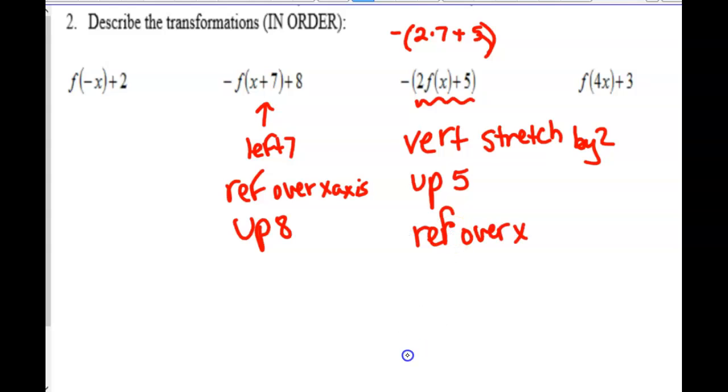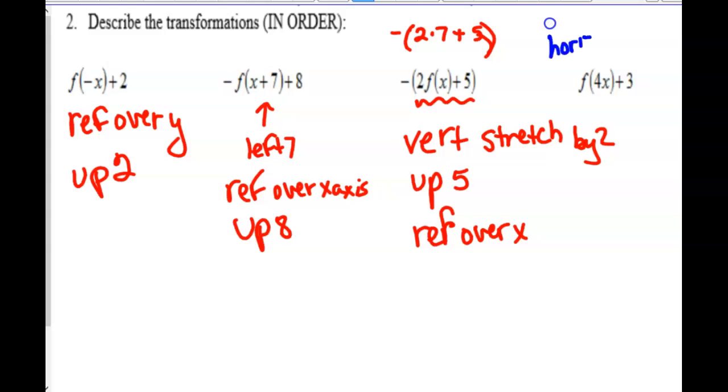What if I wanted to reflect over y? Is any of these reflected over y? Yes, this one is. This is reflect over y, and then what? Then up 2, and the order is important. Last one. Horizontal stretch in the x. Opposite of what it seems when it's inside.